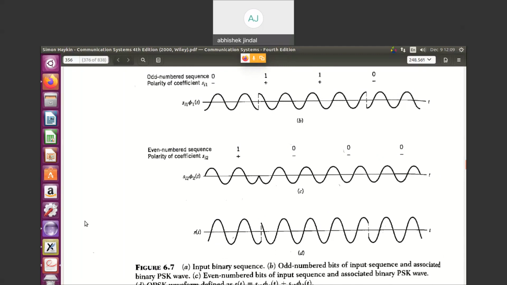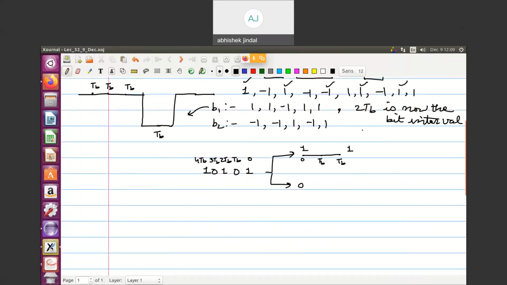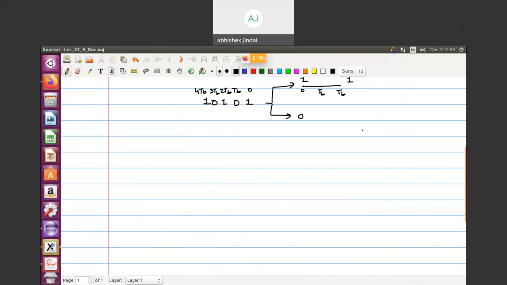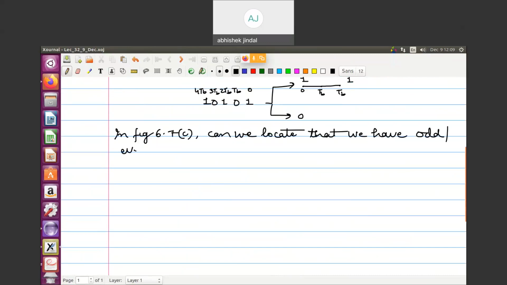If I refer to the figures, the doubt is in figure 6.7c. Can we locate that we have an integer number of cycles in each symbol time T? Oh, I should not use odd, any integer number of cycles. This should be the better word.